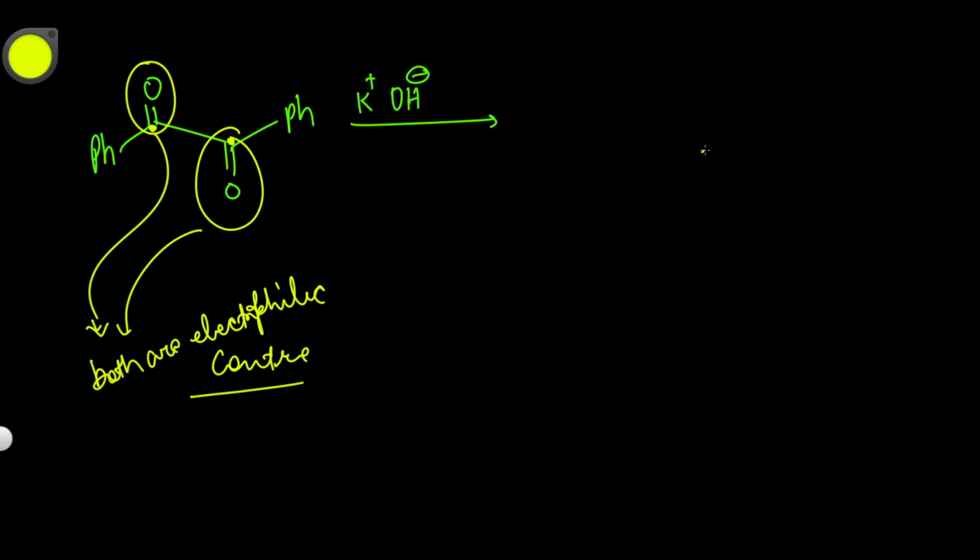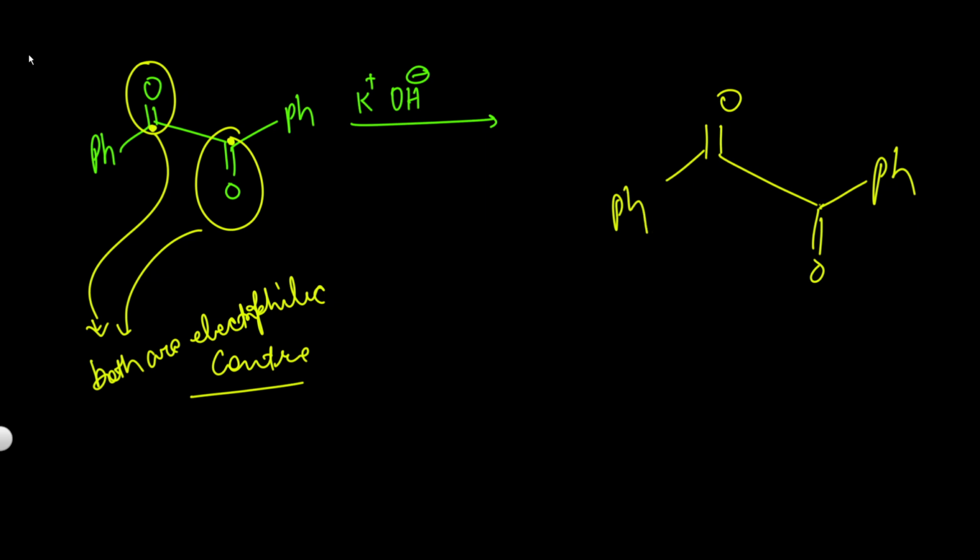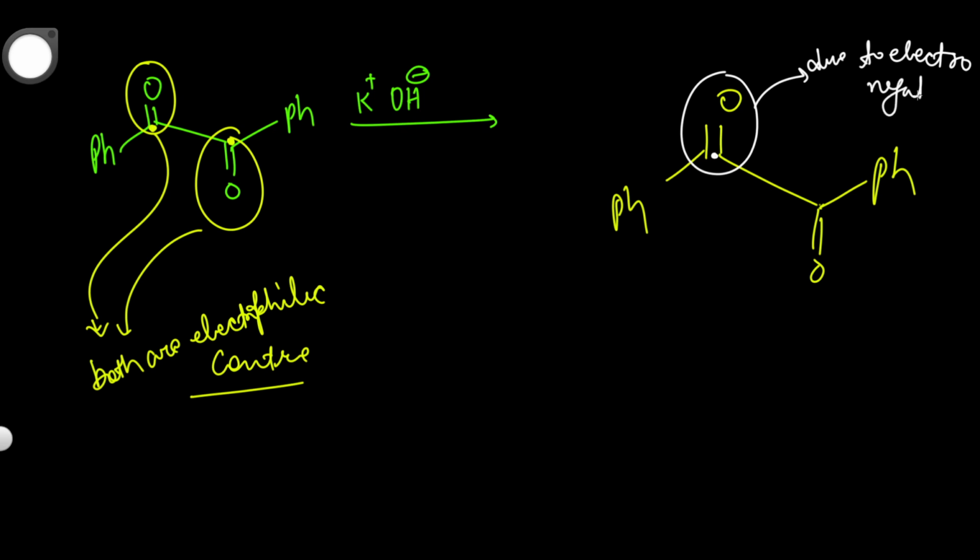Electrophilic center means it has an electron deficiency, right? And why is it so? Why is this carbonyl acting as an electrophilic center? Because of the electronegativity difference between this carbon and this oxygen.